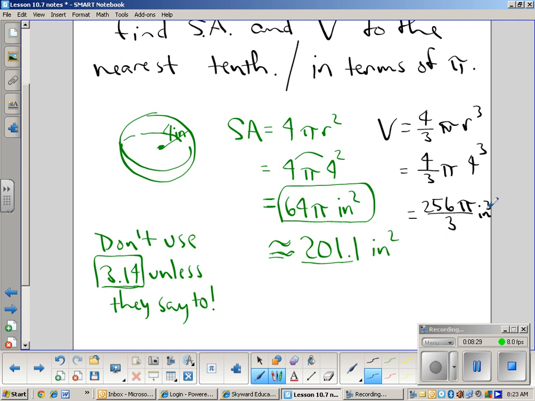The approximate value then, rounded to the tenths place, you should be doing these on your calculator. Anytime we do new types of calculations, you want to make sure you know how to do them on your calculator. You know that I'm not going to do it for you in your calculator on the test, right?